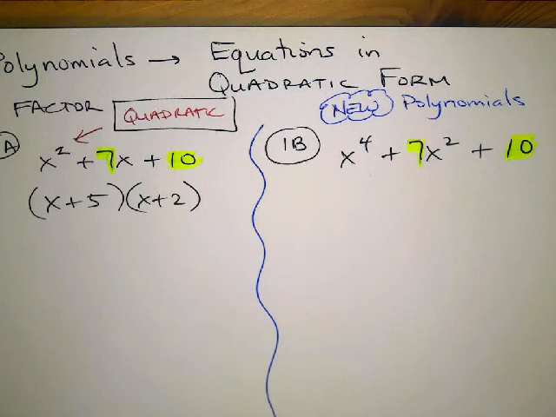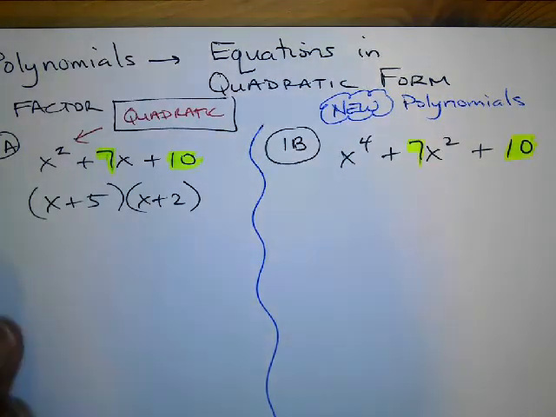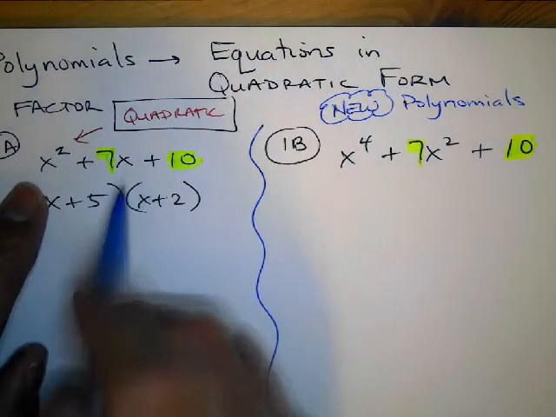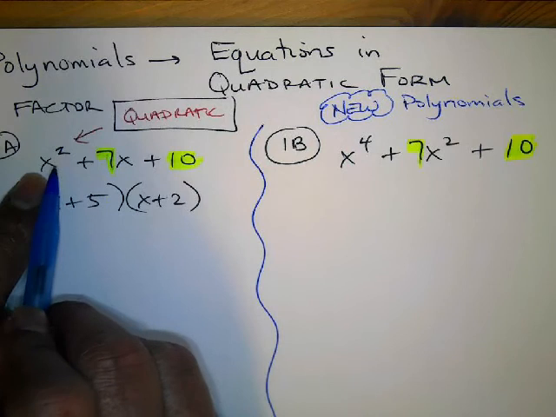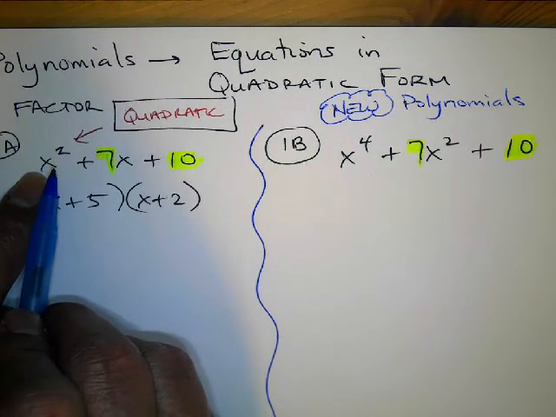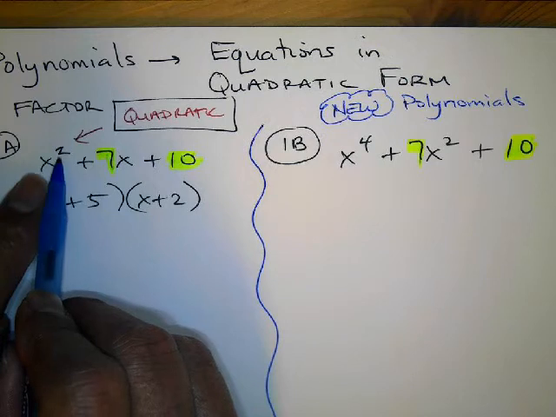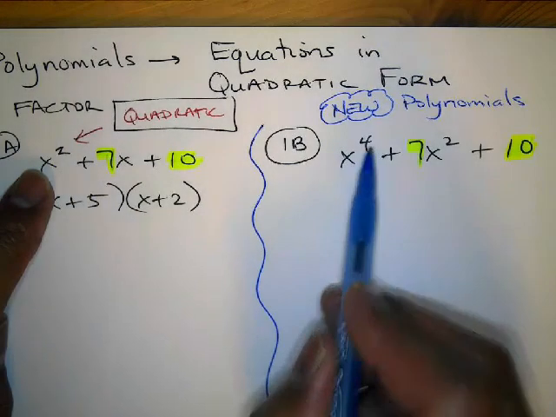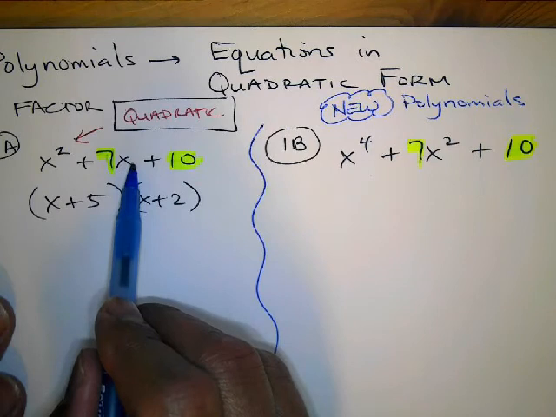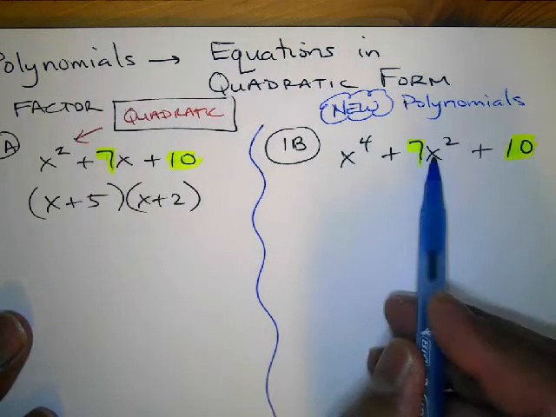It's a 7 with a 10. And see, so now, the only thing is that you notice that the degree has been doubled. Or squared, let's say it. It's been squared. This is to the 2, and 2 squared is what? 4. And this is x, and x squared is what?